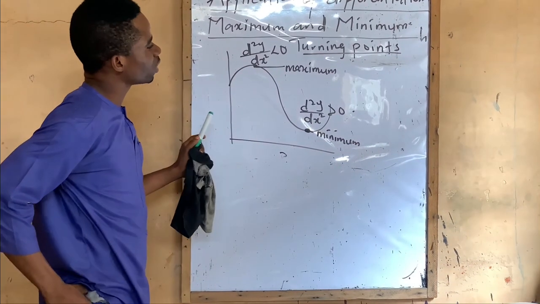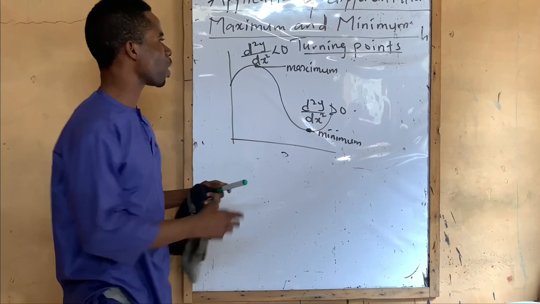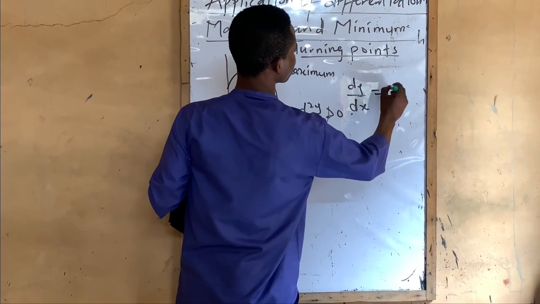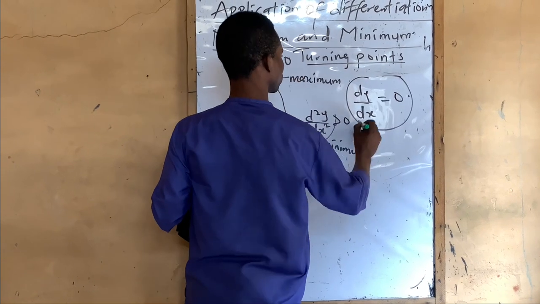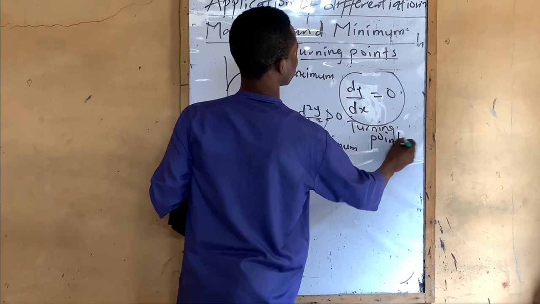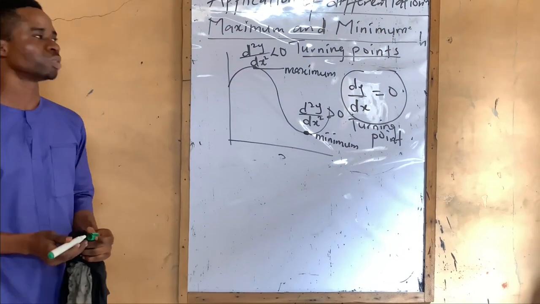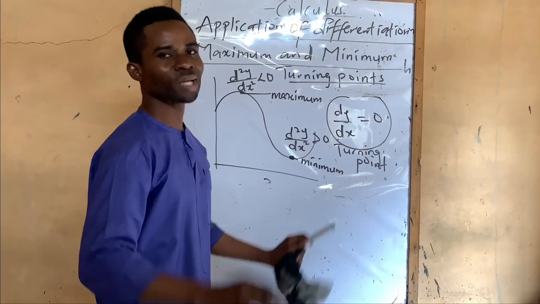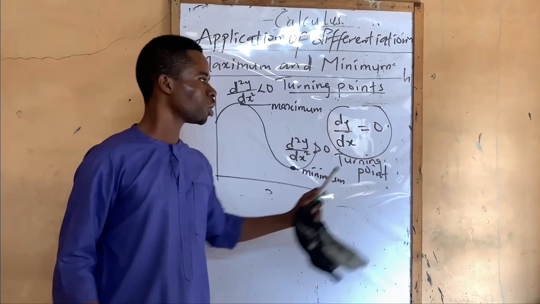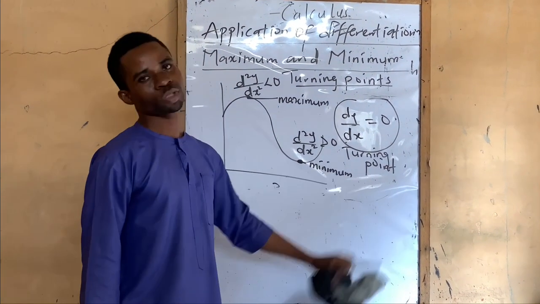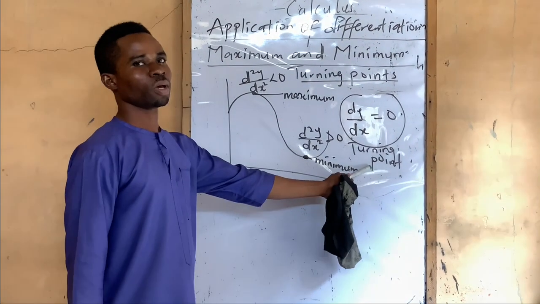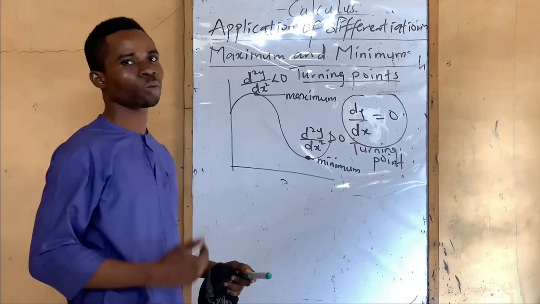And the derivative is a turning point when dy dx equals 0. That means for you to get maximum, your dy dx must equal 0. For you to get minimum, your dy dx must equal 0. Because both of them are under the turning point. Now you can start finding your maximum and your minimum.